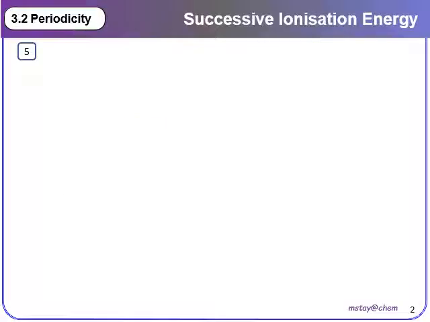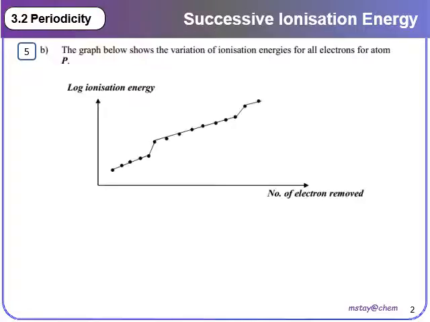Now let's continue with tutorial question number 6b. The graph below shows the variation of ionization energy for all electrons for atom P. Here one dot means 1 electron.